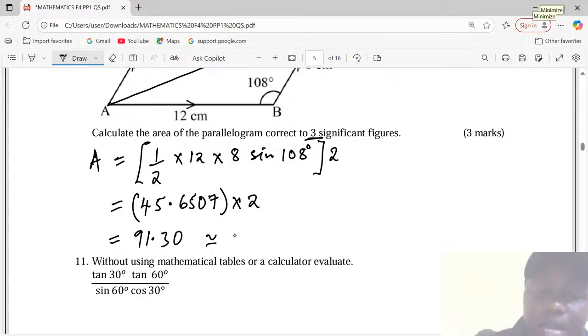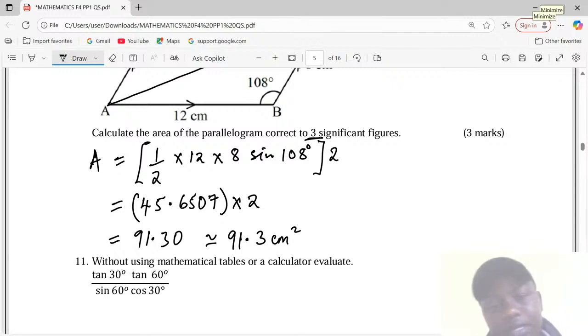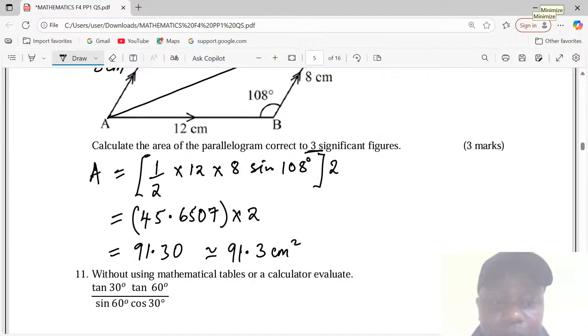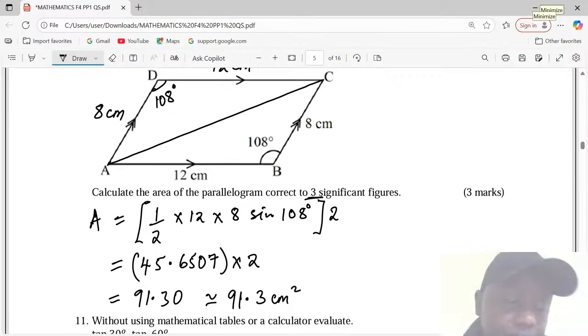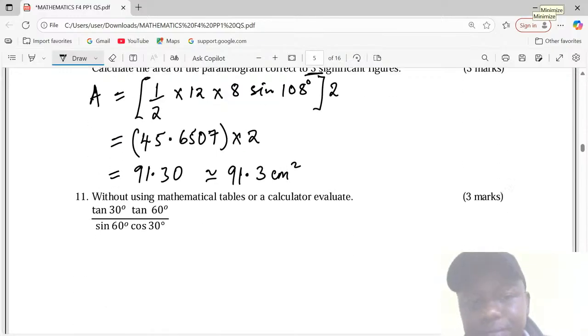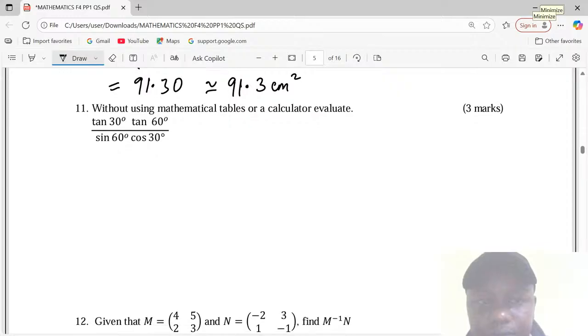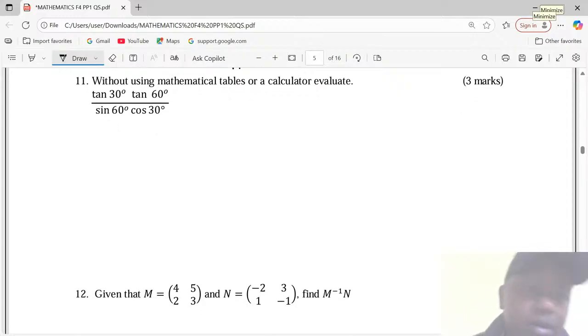So this now becomes 91.3 square centimeters. That is the area of the shape according to the provided instructions.